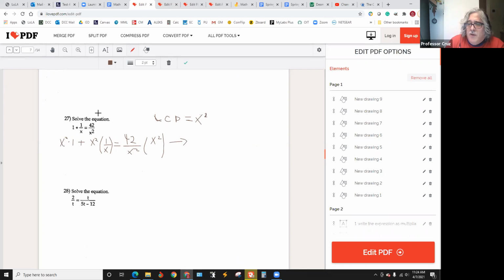And so we'll just give it right. X can't be equal to 0, because if x is equal to 0, then this would be undefined, and so would that one. So I doubt we'll come up with x equal to 0, but we've got to keep that. So that's x squared. Here, when x goes away, you're left with 1, so that's just a plain old x. And then this is going to both go away, and then you're equal to 42.